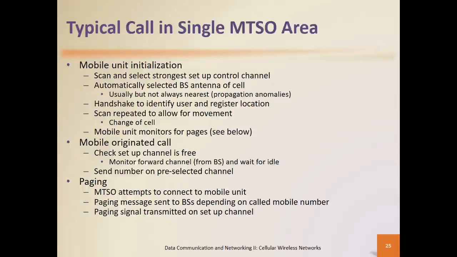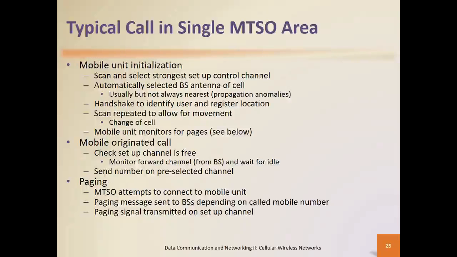You can tell the MTSO does a pretty good job. These are all based on just using propagation. You propagate signals and you measure them to see how far the device is from a given base station of a given transmission wave.